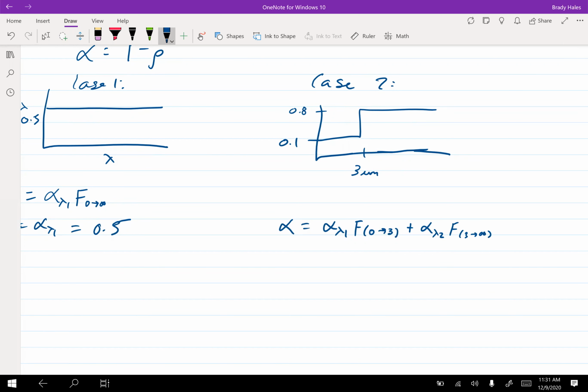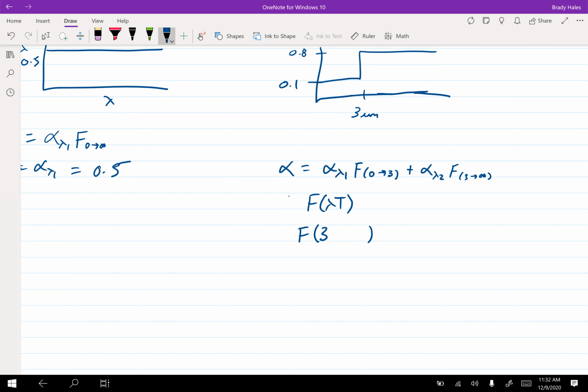First, we would say f at 3 times some temperature, minus f at 0, but you'll notice in the table that if you're starting at 0, this is always going to be 0.